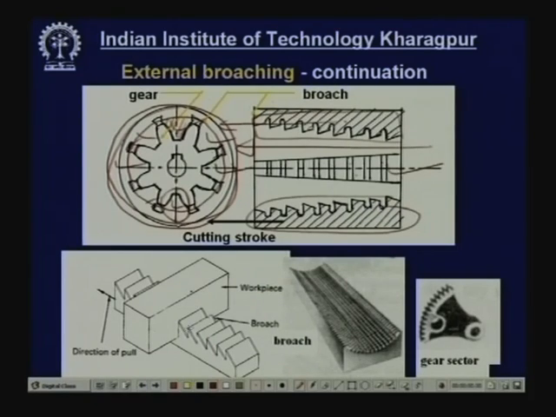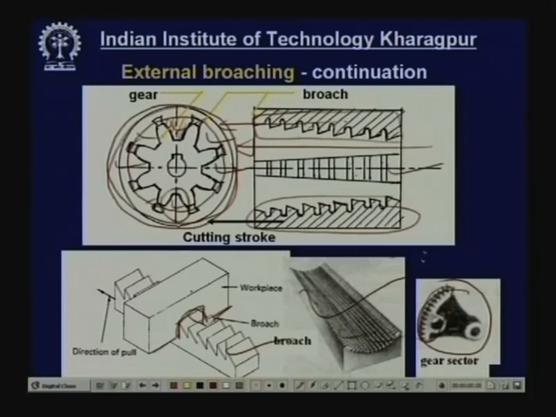This is another example. Say if you want to cut a slot like this. So, this kind of broaching is possible, you can make a different form also, and now this is the gear sector, these are the gear teeth, and for cutting this one, this kind of cutter has to be used, which is conjugate, the form tool.